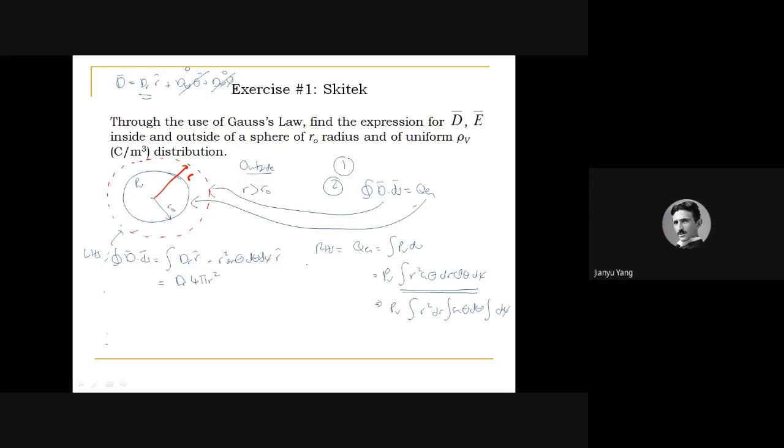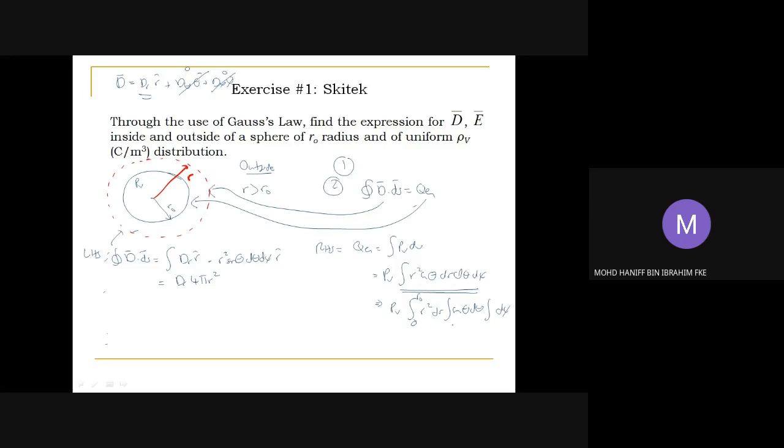The range of integration of R will be from 0 to R0 only. There is no charge from R0 to R, that's why we cannot integrate from R0 to R. The charge is only within 0 to R0, so the integration here will be from 0 to R0.